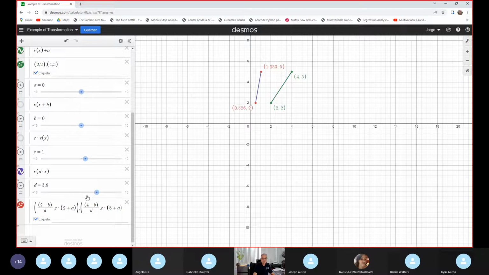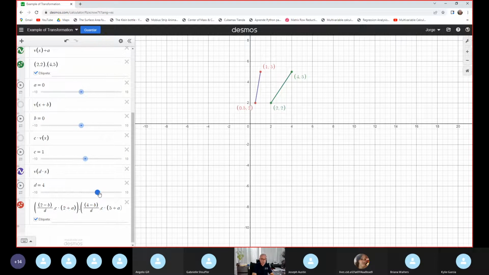The effect is like somebody pushing the green segment, pushing to the left, and a compression occurs. Do you see that the y value stays the same, 5 and 2? However, the x value no, it is reduced by a division by d, and d is a number, 3.8.